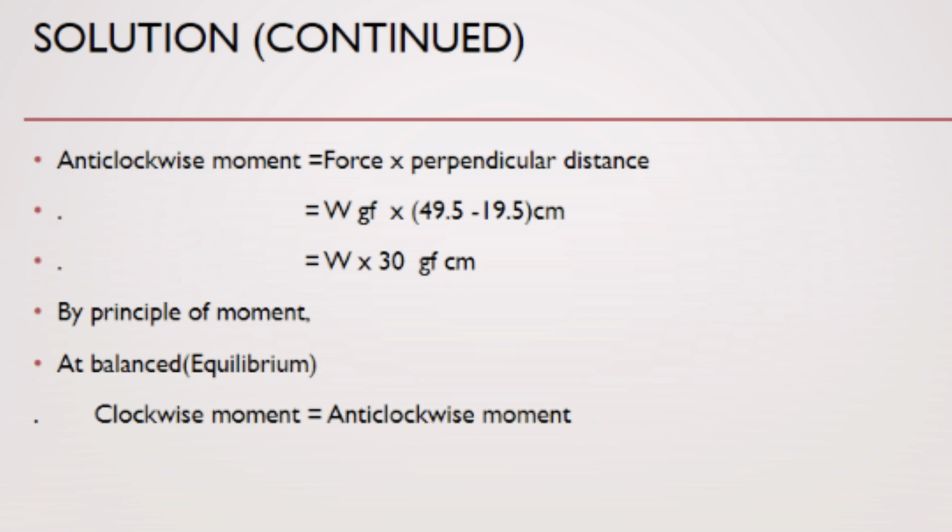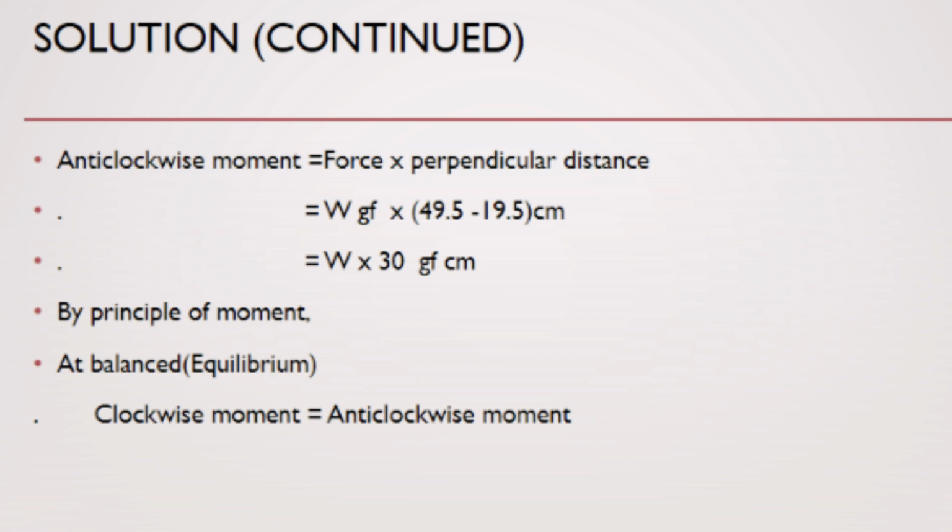So here also we are writing the unknown mass in terms of force, W gram force, into the perpendicular distance. The axis of rotation, when we are considering the anti-clockwise moment, is at 49.5, and the force is applied at the point 19.5, and the distance between them gives the perpendicular distance.